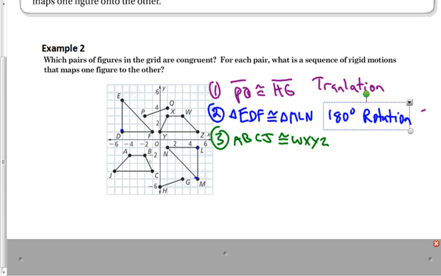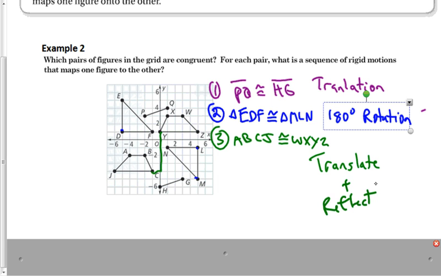My guess is there's a couple different ways you could do it. You could say you're going to translate, then reflect, then translate. I'm going to translate right one and up 5, so that they're almost right across from each other, and then you reflect it. So that's what I'm going to say: translate and reflect.